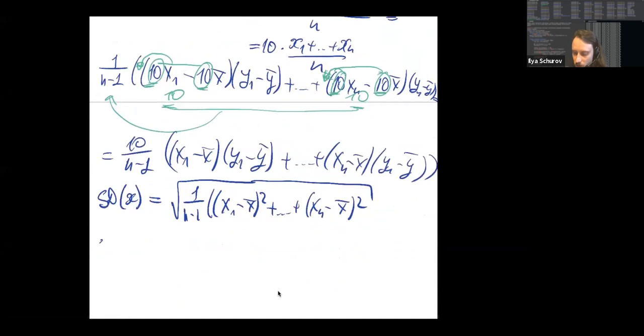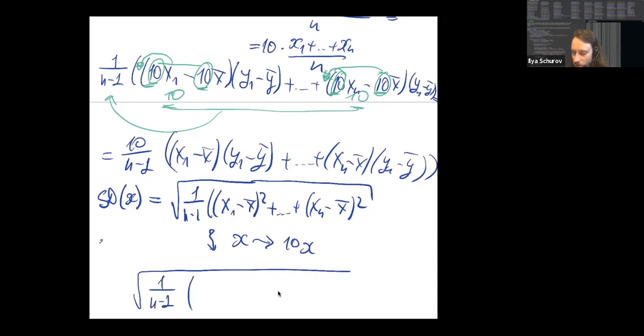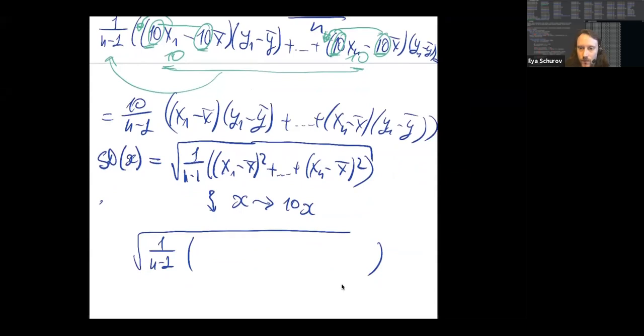And so if we replace again x by 10x, we see what happens with the standard deviation. First of all, what happens with the value under the square root? Yes, we can move 10 out of the parentheses, but look at these squares.